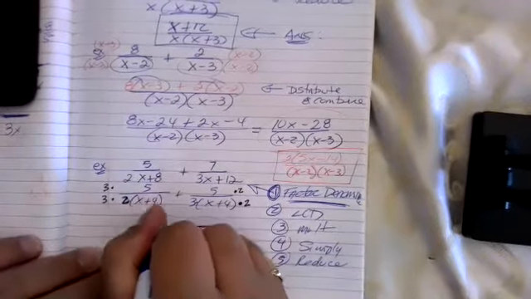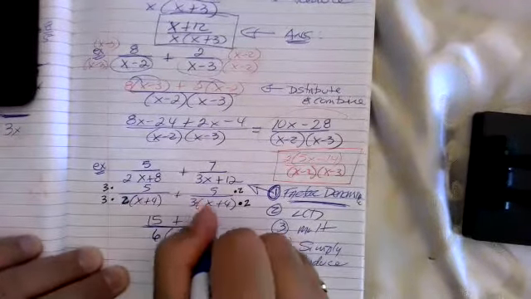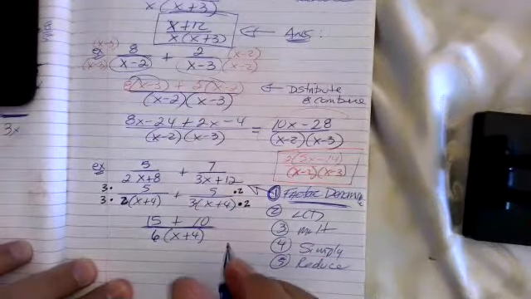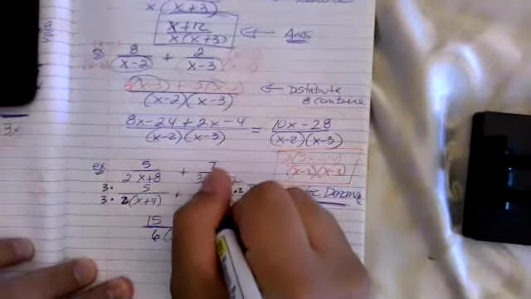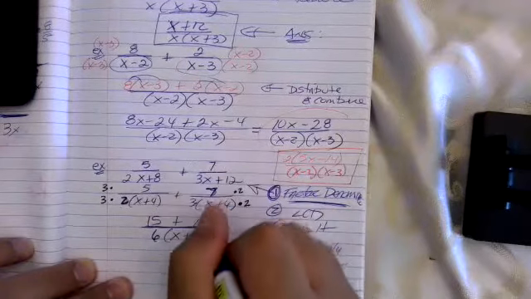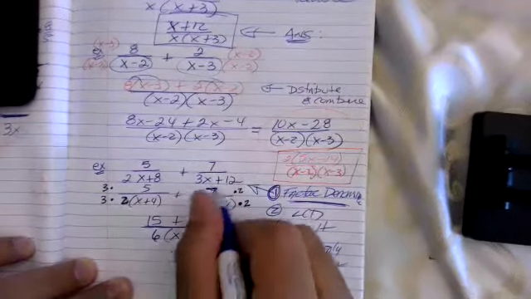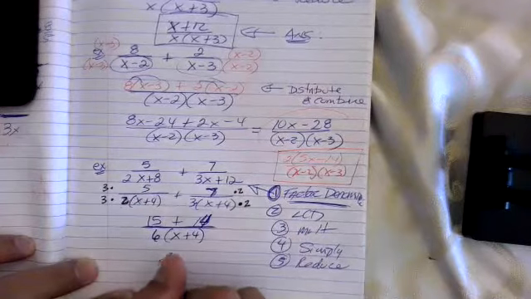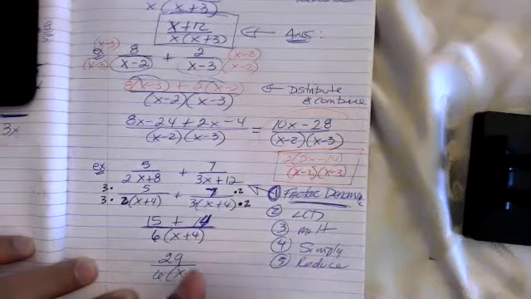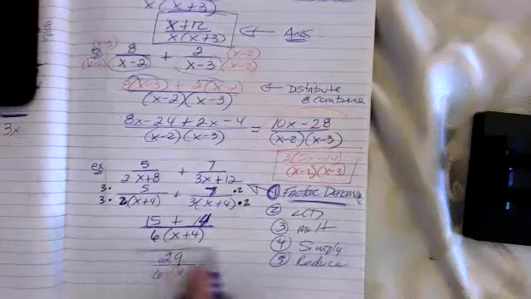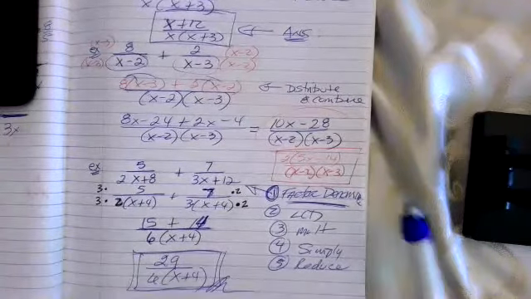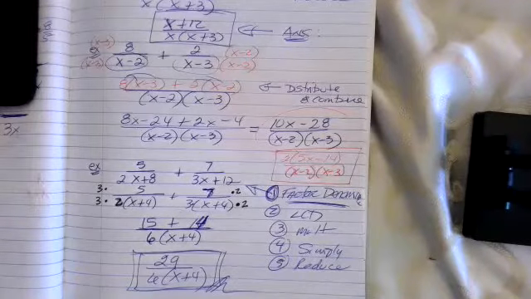So up top, I'm going to have 15 plus 10. Oh, I'm sorry, I messed up. That's a 7. So I'm going to have 15 plus 14, which will give me 29 over 6 times x plus 4. At this point, I would factor and cancel if I could, but I can't, so I don't. So my final answer is 29 over 6 times x plus 4.